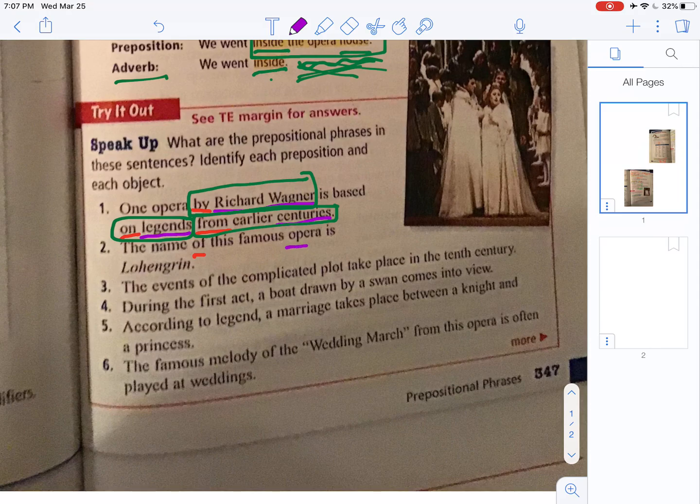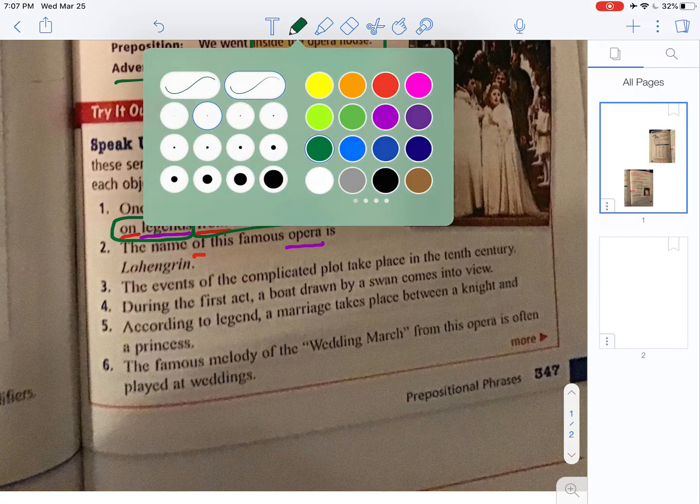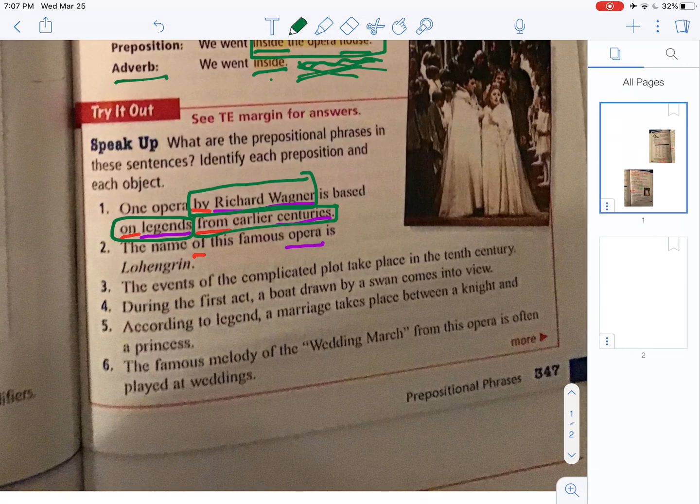So of what? Of opera. I don't want any describing words in your object of preposition. Then once I have my preposition and my object of preposition, I box the whole thing in, and my prepositional phrase is of this famous opera.